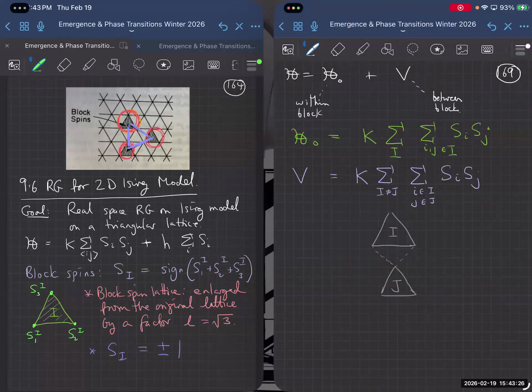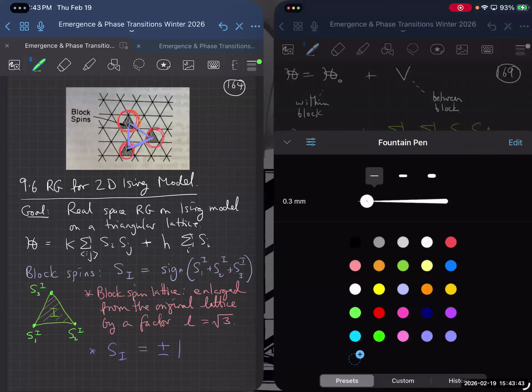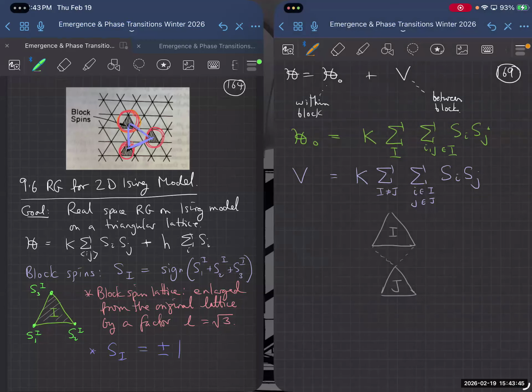Okay, so here's my picture. So if you think of this picture over here, what I've drawn here is this thing here. Okay, so let's label the spins. This is spin 1, spin 2, and spin 3. This is spin 1, spin 2, and spin 3, but they're on different blocks.